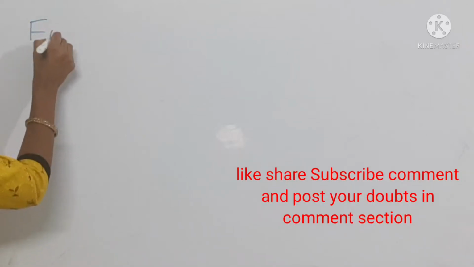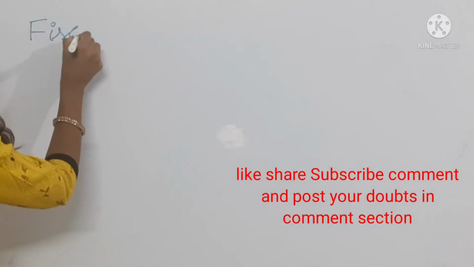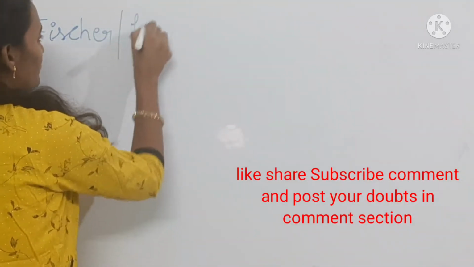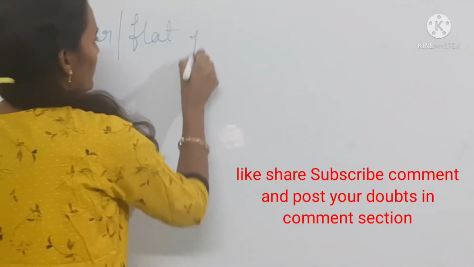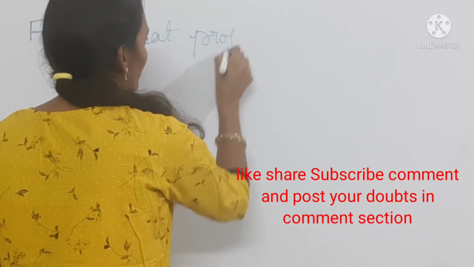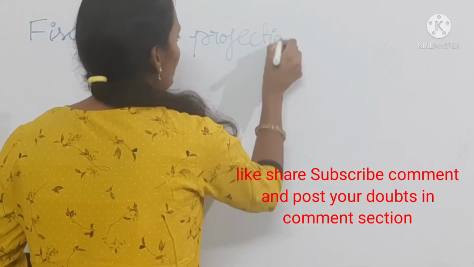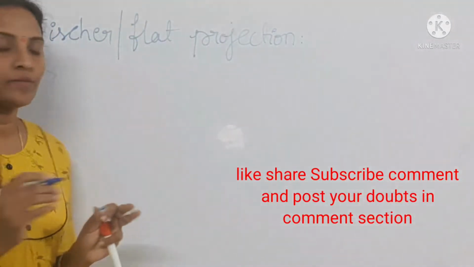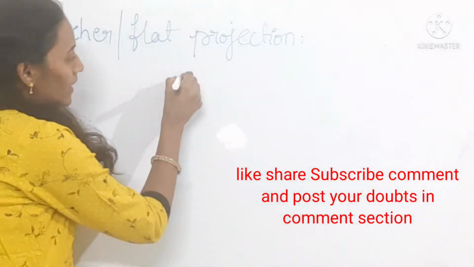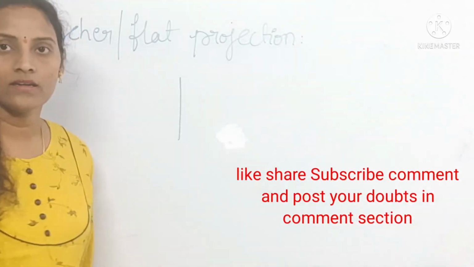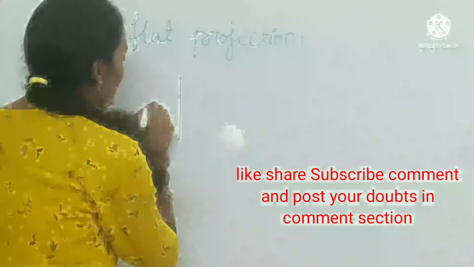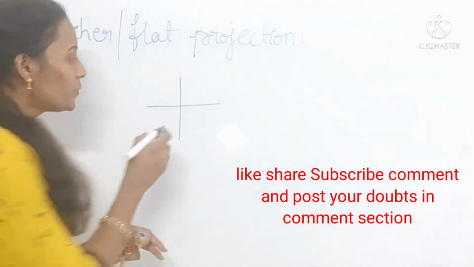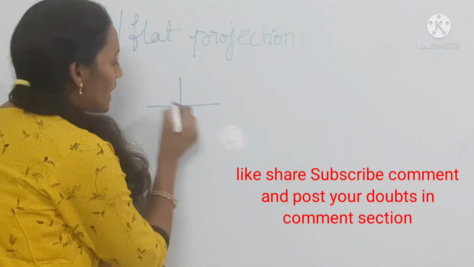This Fisher projection is also known as flat projection. See, in Fisher projection, one vertical line and one horizontal line are going to meet at a cross point or cross section.